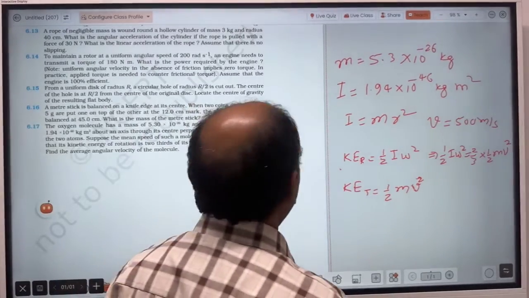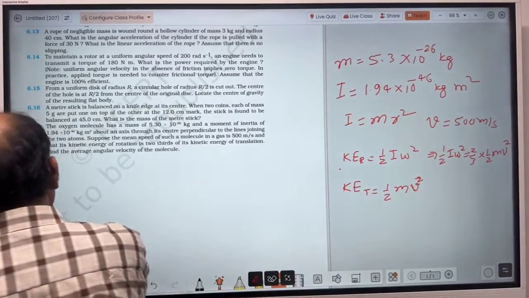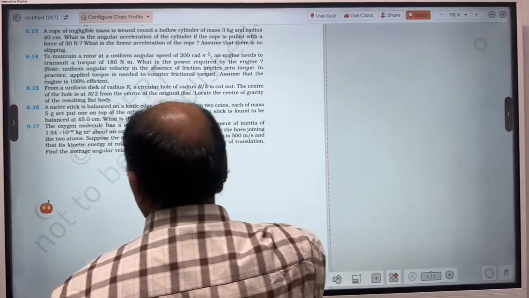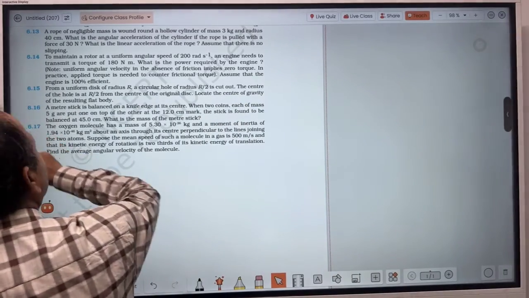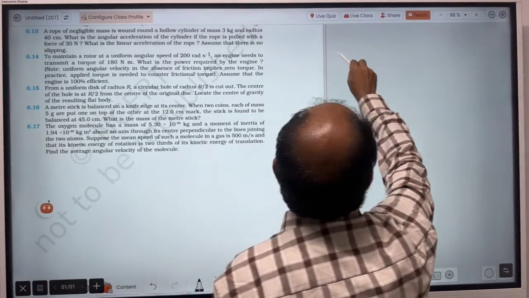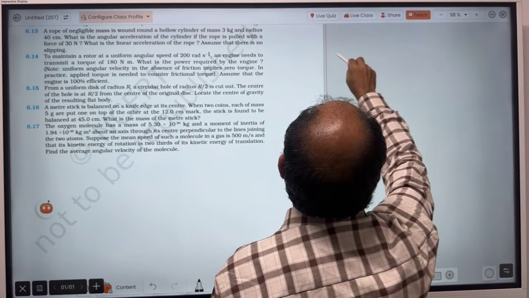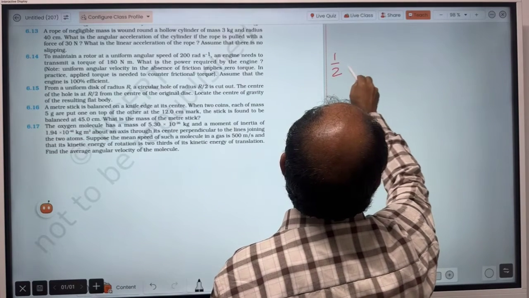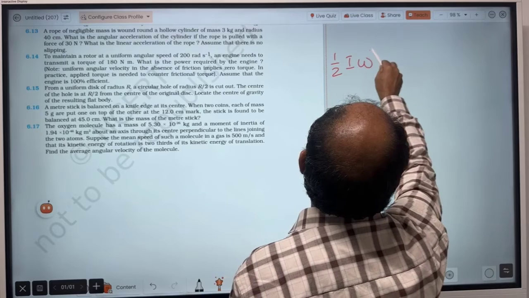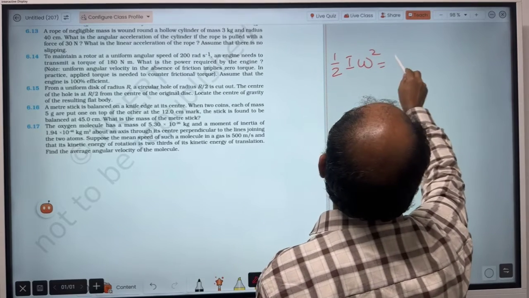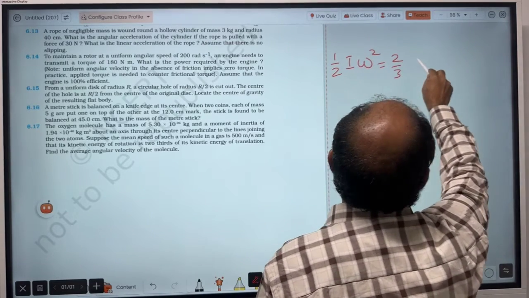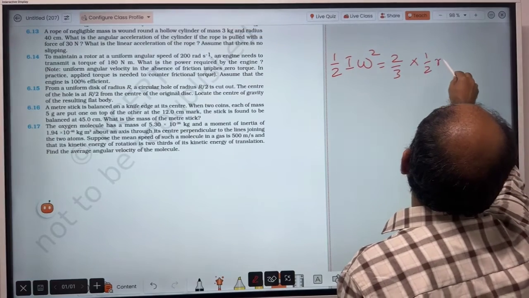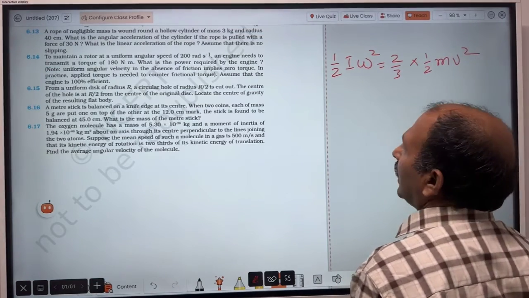Did you understand? So let's solve it. Here we write the condition 1 by 2 I omega square equal to 2/3 of 1 by 2 mv square.